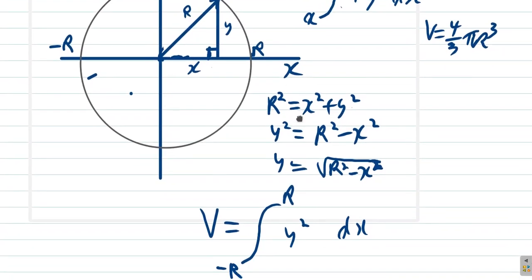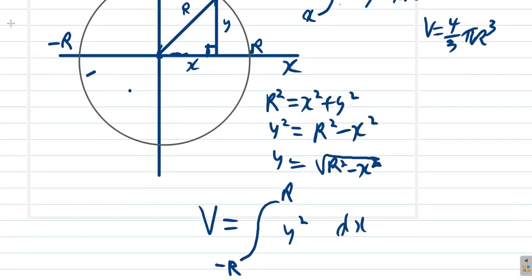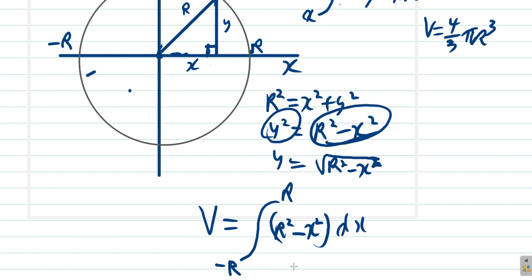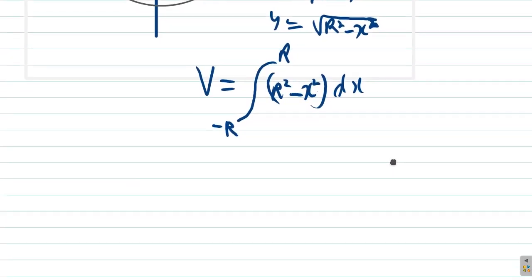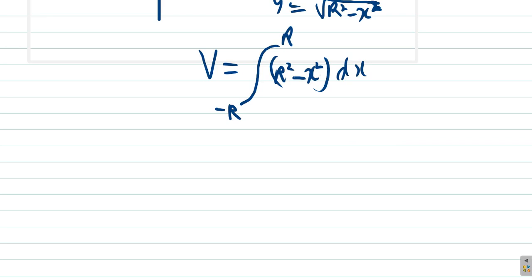Well, we had it here: y squared equals r squared minus x squared. So let's put that there. We have r squared minus x squared. This is y squared now. R squared minus x squared dx, meaning that we are integrating with respect to x. x is the variable here.